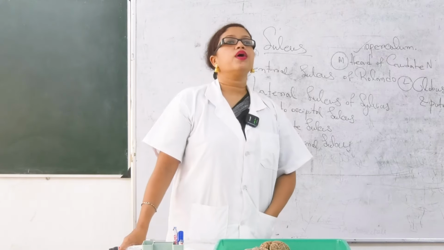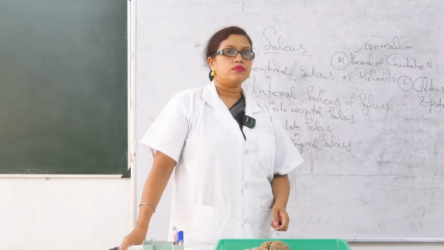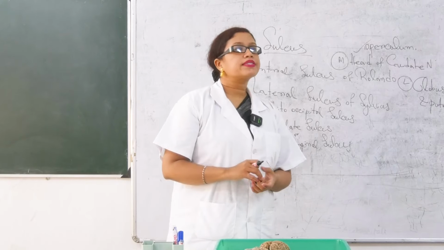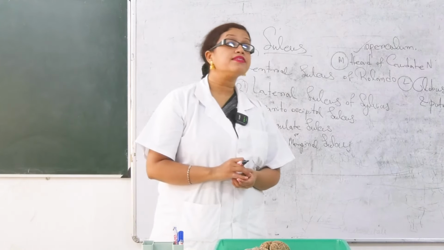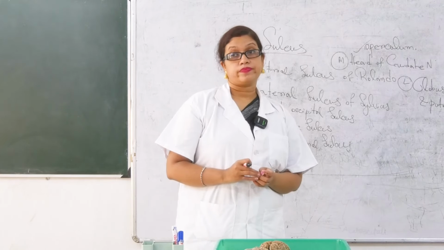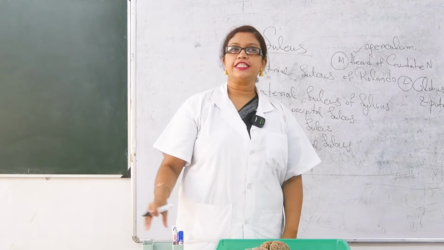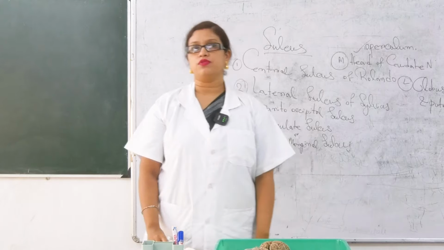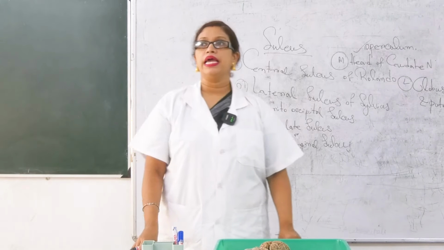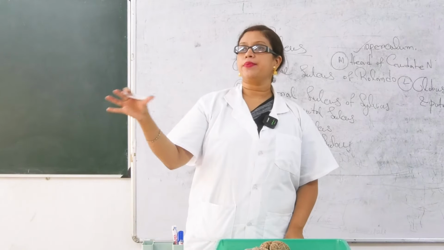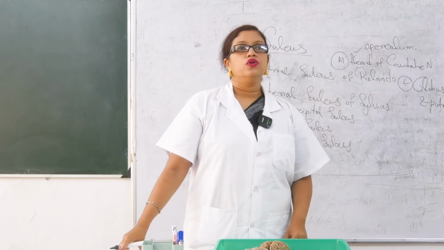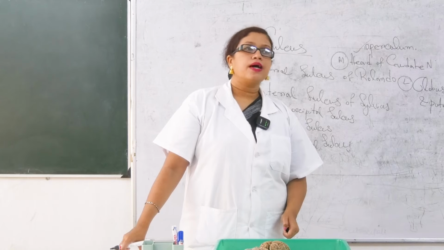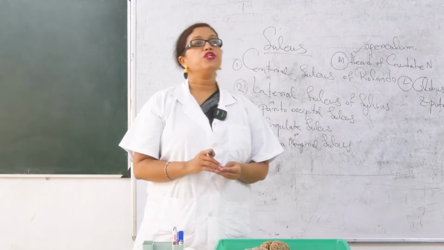Then next is the corpus callosum. Which type of fiber is it? C for C. It is an example of commissural fibers. Very important: the total white matter in the brain is divided into different types of fibers.